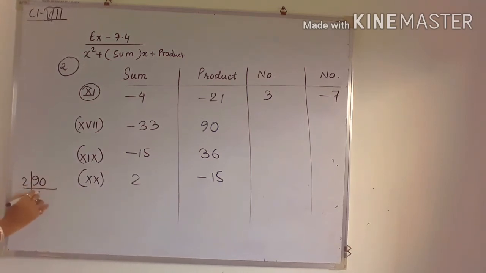So 2, 45, then 3, 15, then again 3, then 5, then 5. Okay. So see how to take the two numbers. You have to randomly see here. You can see here how can we take the two numbers. See, there are total 4 numbers. After doing prime factorization of 90, we are getting 4 numbers.